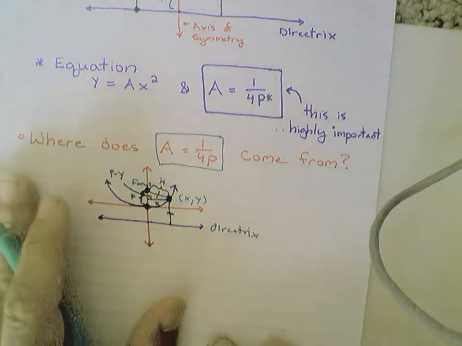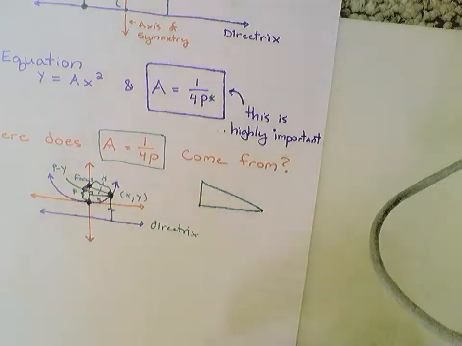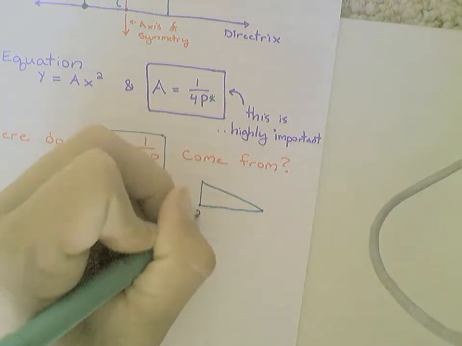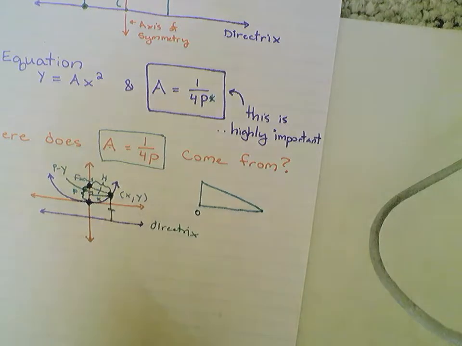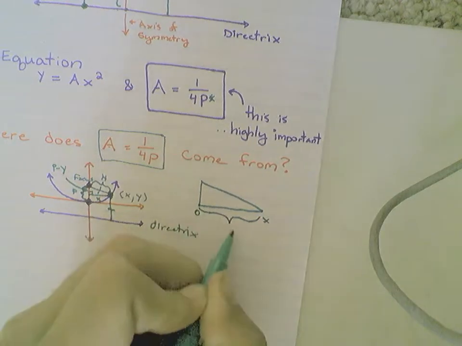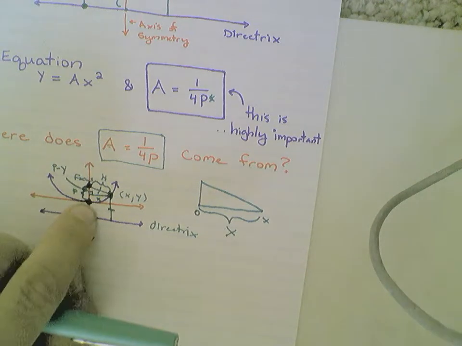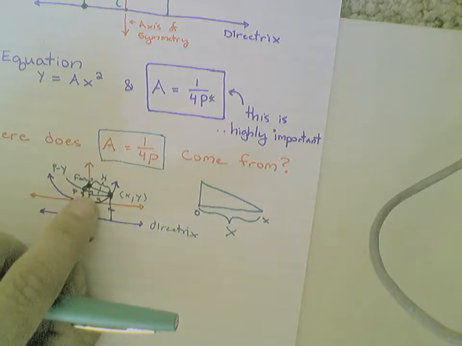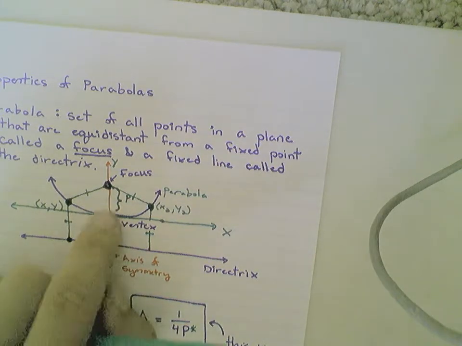Let me draw that triangle off to the side, and make it a little bigger so we can see things more clearly. On the x-coordinate, the triangle starts at 0 and the point goes to some x, so this whole length on this side is a distance of x. If I start at the origin and go up to the focus, the distance from the vertex to the focus is always some p distance.